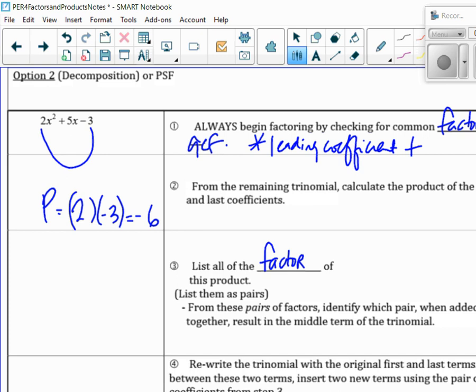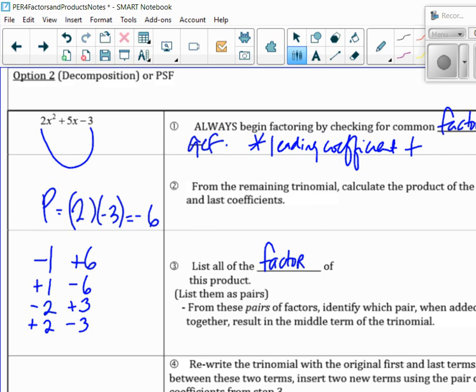So 1 and 6 doesn't make negative 6. So one of these has to be negative. So you can go negative 1 and positive 6, or you can go positive 1 and negative 6. Then I would go to the next one, negative 2 and positive 3, or positive 2 and negative 3. And those are all the factors, okay?